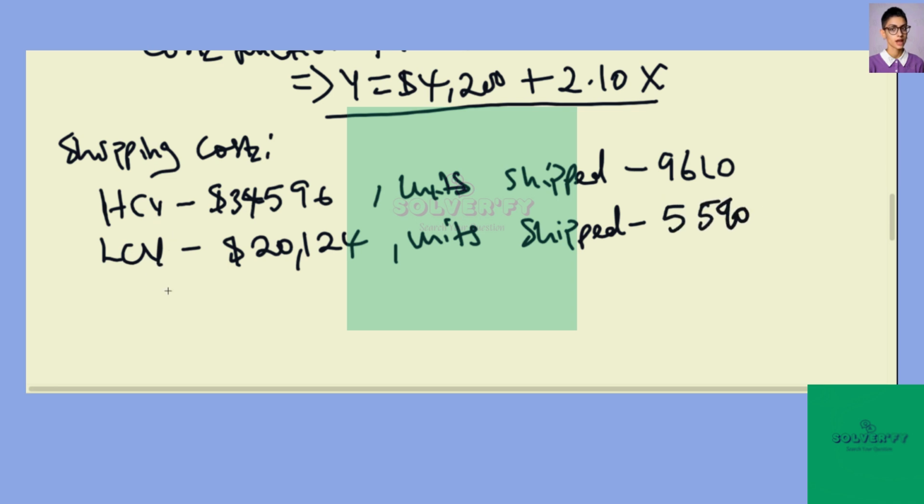So the slope coefficient B, using the same formula, is YH minus YL divided by XH minus XL.